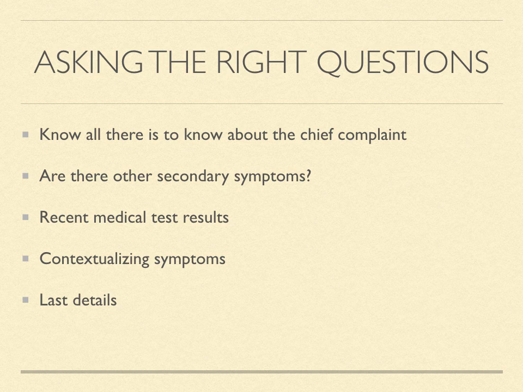So if that happens, I will usually make a note on the side of the page in their file to remember to go back to that secondary symptom, because I first want them to exhaust everything there is to say about the chief complaint, and once they're done, I will direct them towards that secondary symptom that they mentioned. Sometimes in the first 5 minutes, they will already describe 15 things that are going on with them because they already made a little mental list as to why they've come and seen you.